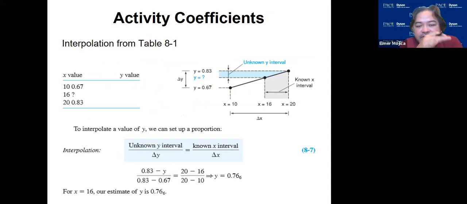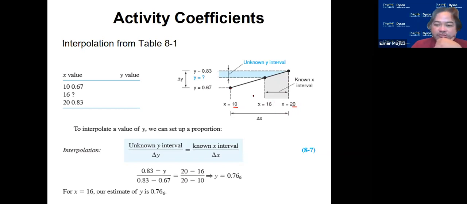You're going to plot it, and then determine the corresponding value. So this is a typical graphical method. Let's say you're given the X values 10 and 20, with corresponding Y values. You are asked what will be the Y value for a given X.